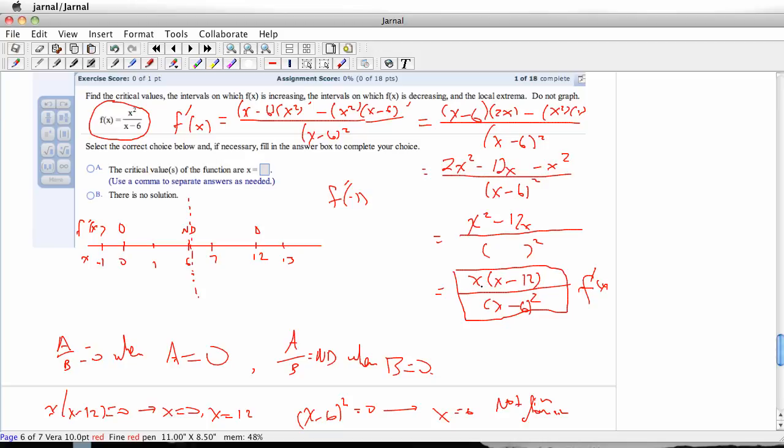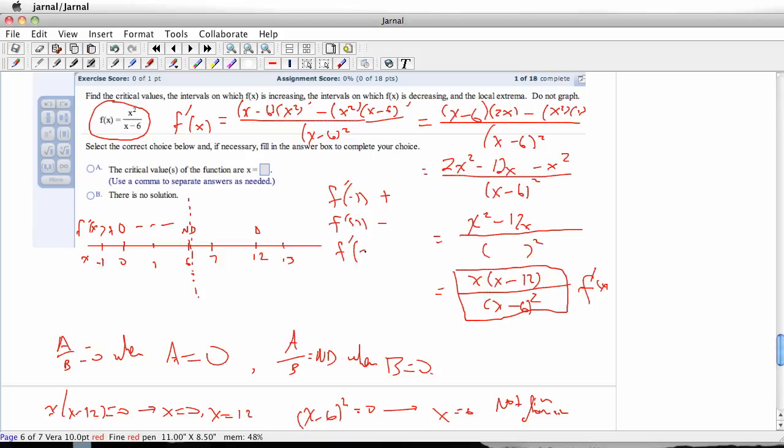If you put -1 in for x here, you'll have -1 times -13. That's positive. And in the denominator, you'll have -7 squared, which is also positive. So f prime of -1 is definitely a positive value. Similarly, f prime of 1 will be a negative value. By the same idea, 1 times -11 is negative, and the denominator will be positive.